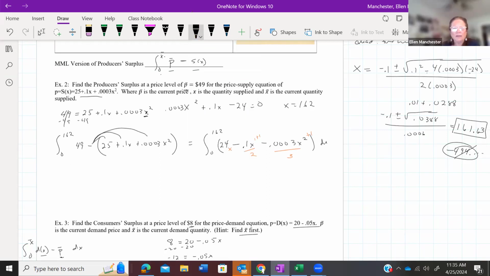Okay, so I get 24x, and then 0.1 divided in half is 0.05x squared, minus 0.0003 divided by 3 is 0.0001x cubed, and then I'm going to evaluate.